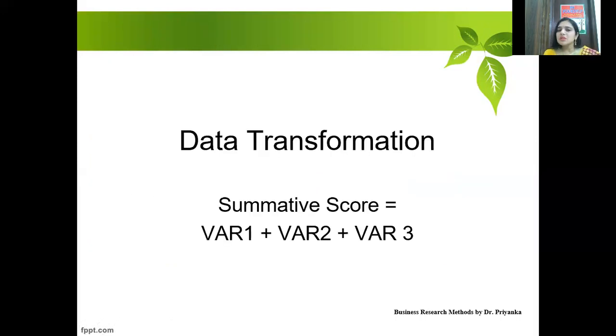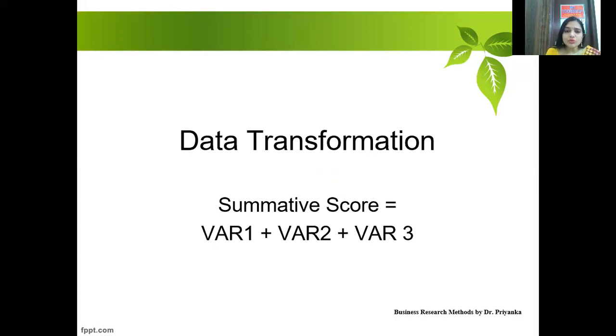Or you can go with this kind of data conversion as well. For example, you want to check whether corporate social responsibility is affecting the company's performance or not. And corporate social responsibility might have 3 or 4 indicators. You might club them together and make CSR one indicator only.